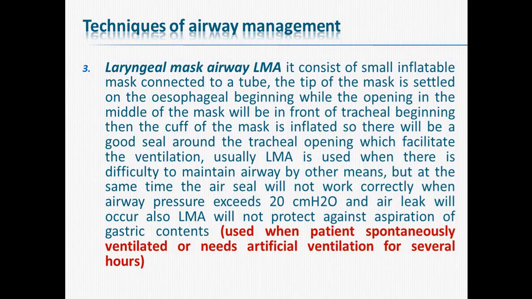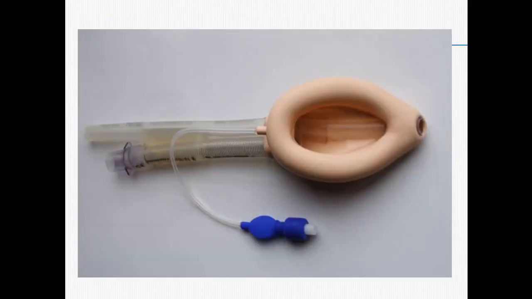Also, the laryngeal mask airway will not protect against aspiration of gastric contents. It is used when patients are spontaneously ventilated or need artificial ventilation for several hours. In this picture, we will see the laryngeal mask airway.